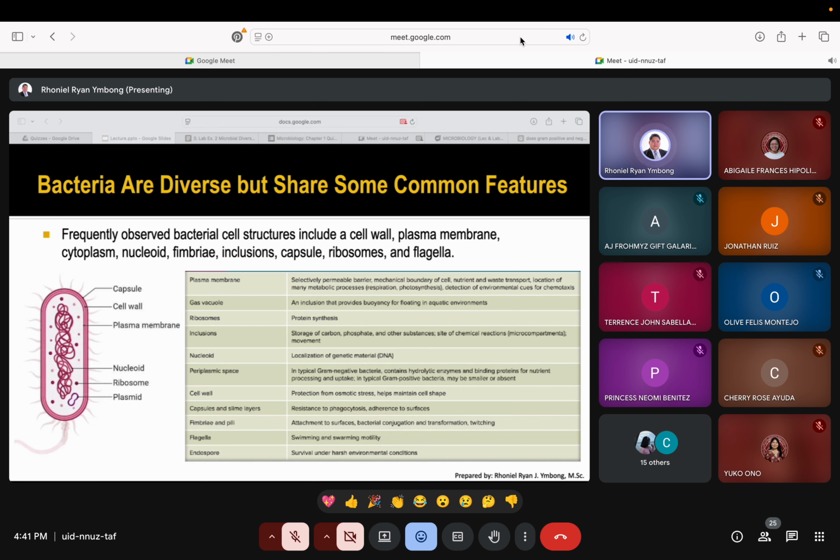First one is your plasma membrane. Now, let's look at our table here. Your plasma membrane or your cell membrane is the very barrier that separates the internal environment of your bacterial cell from the outside world.